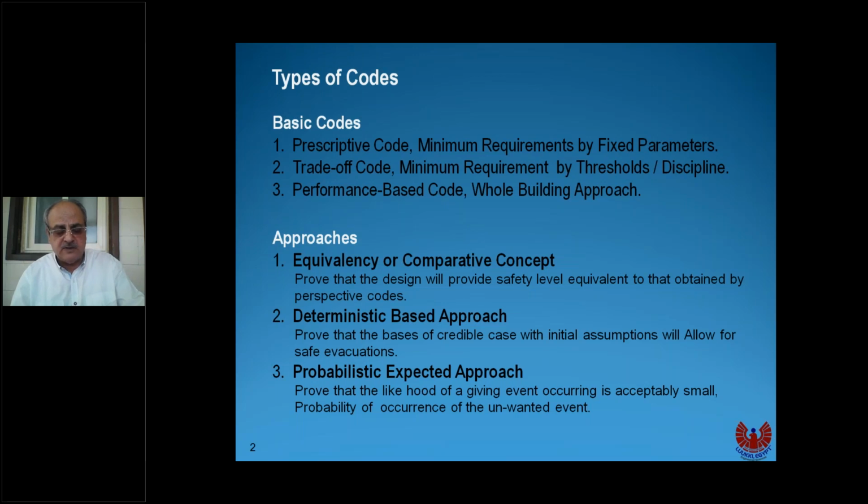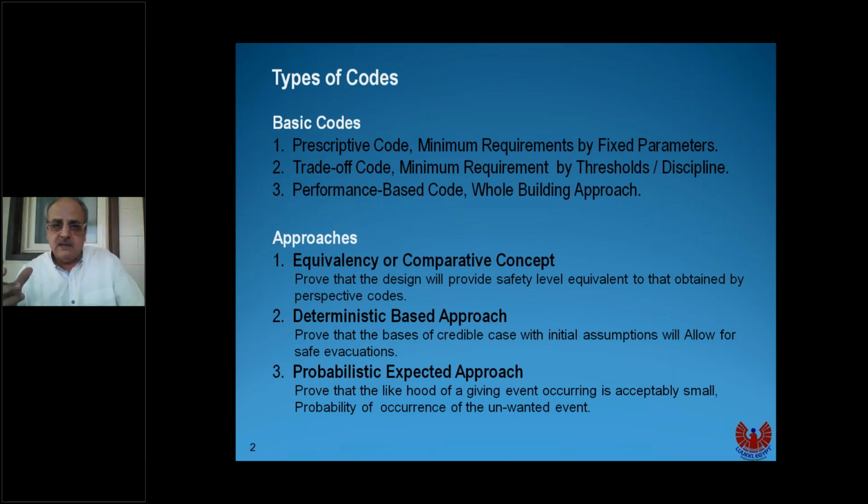For example, don't exceed an amount of air of 500, for example. Don't exceed the velocity. This is what we call thresholds. And there's another type of codes, trade-off codes, okay? This is something in between the prescriptive code and the performance-based code, used normally for building envelope designs.